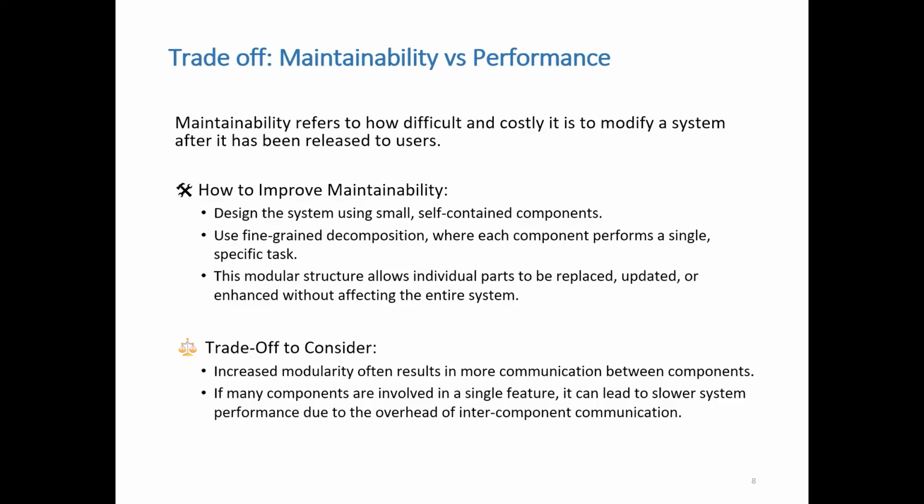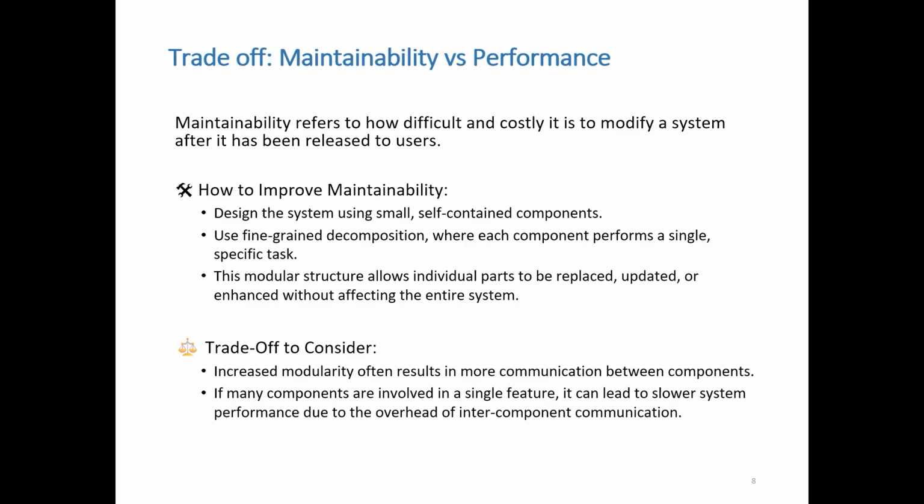The best approach is to build your system from small, self-contained pieces. Think of each part as doing one job and doing it well. That way, if something needs to be changed or updated later, you don't have to touch the whole system, just that one part. We call this fine-grained decomposition, breaking the system into components that each serve a very focused purpose.